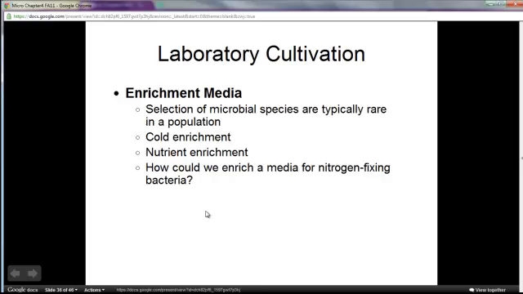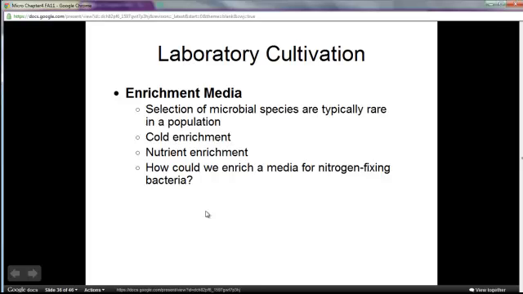So if you take an organism, or you take a sample with a bunch of different organisms, a bunch of different species, and you know your particular species grows all right. I mean, it'll survive at room temperature. But if you grow it in the cold, if you throw it in the fridge, the organism you're interested in may be psychrophilic. So you grow it in the cold, in the fridge, it's going to result in that particular species growing much better, and you'll be able to isolate it.